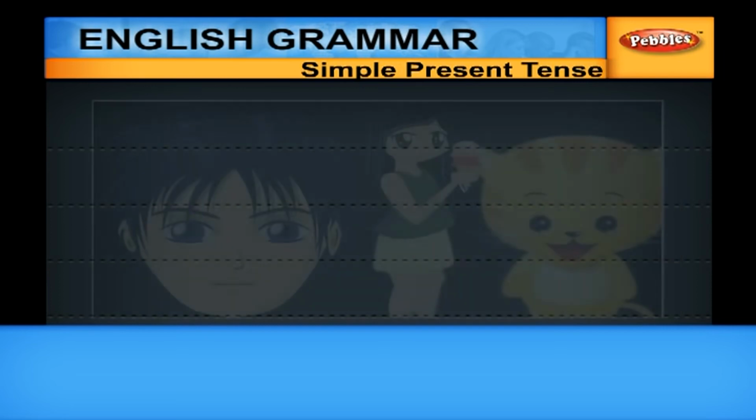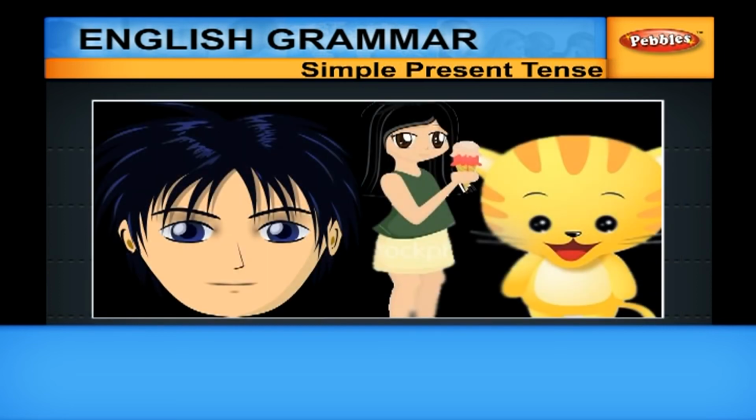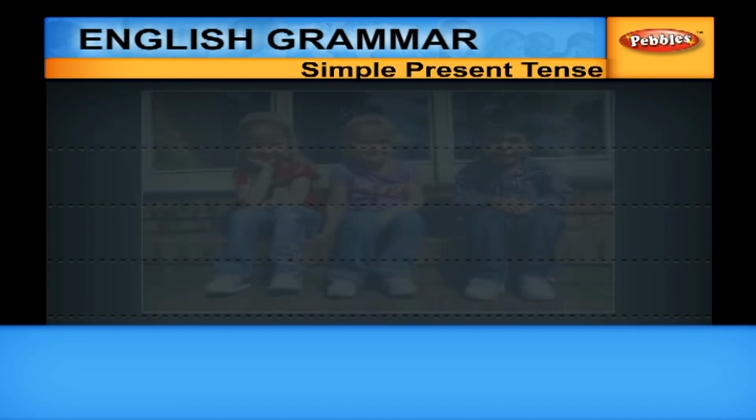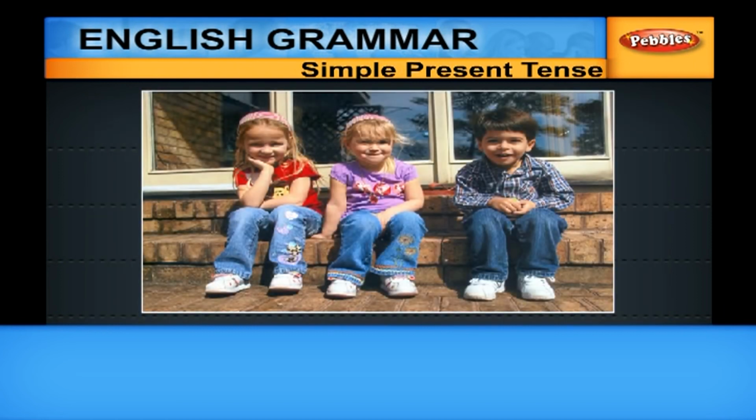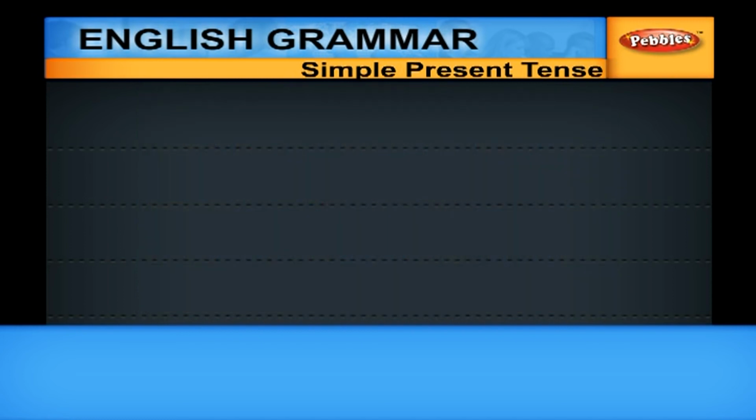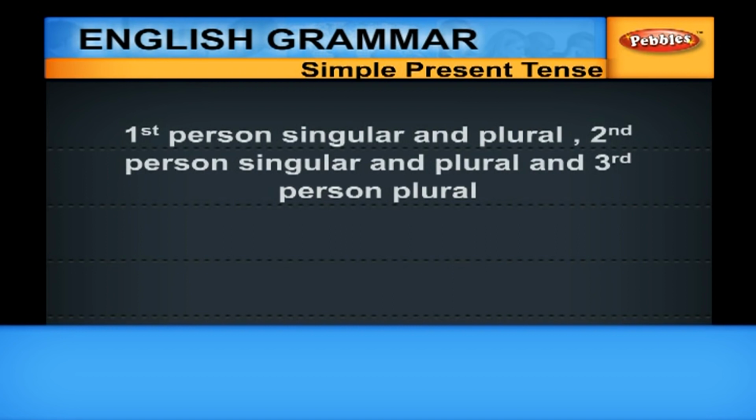Third person singular, he, she, it. Plural, they. If it is first person singular and plural, second person singular and plural, and third person plural, you have to use the base form of the verb.